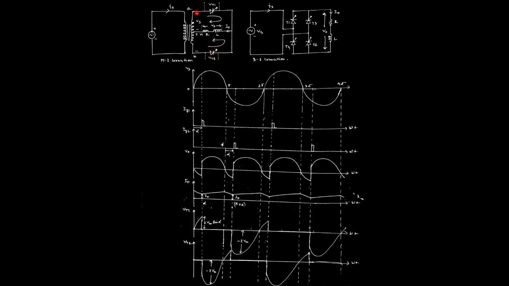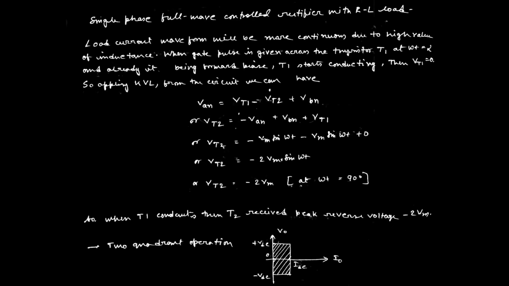That is why, when the thyristor T1 is in forward biasing condition, the thyristor T2 is in reverse biasing condition. So Vs should be equal to VT1 minus VT2, and this position is Vs. So we can write the expression VAN equal to VT1 minus VT2 plus VBN.